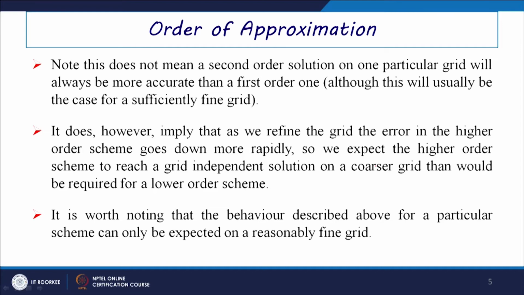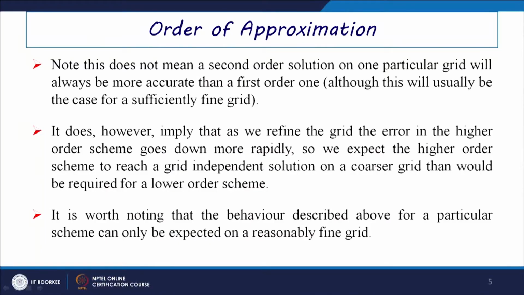Note that you should keep in mind that this does not mean a second order solution on a particular grid will always be more accurate than a first order one, although this will usually be the case for a sufficiently fine grid.